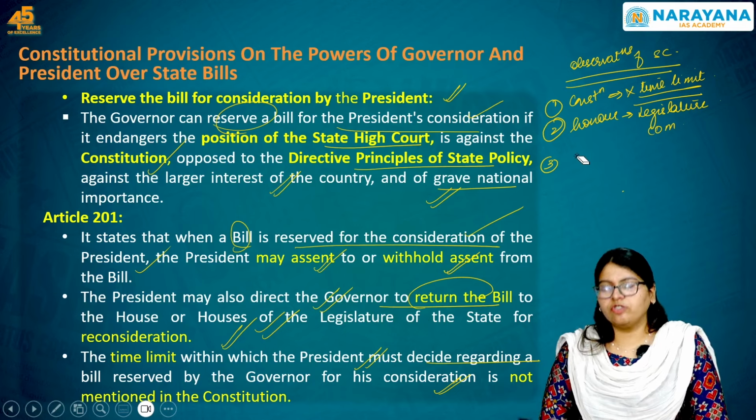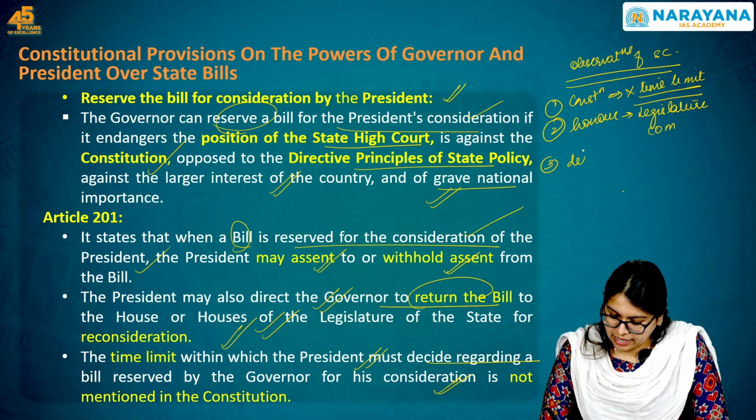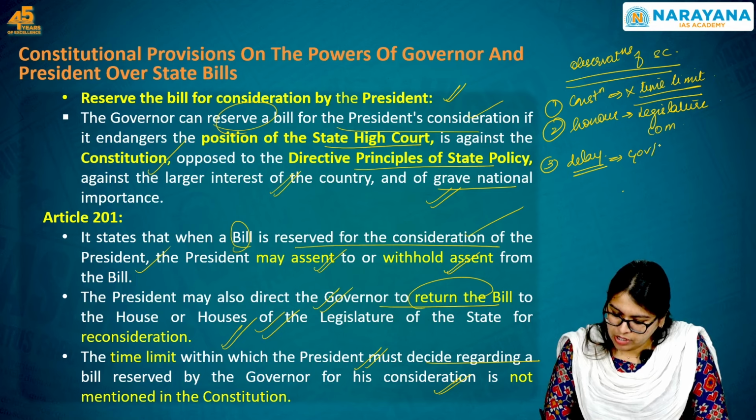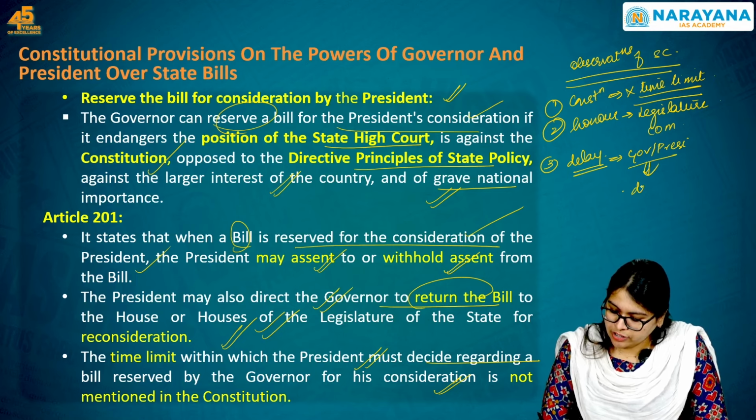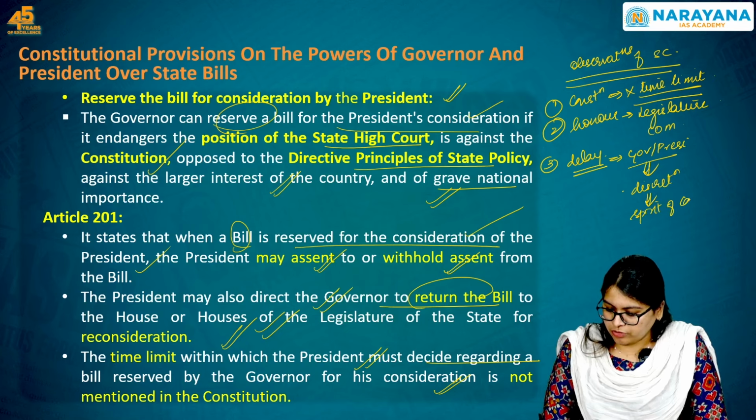And also, the Supreme Court observed that any kind of delay in giving assent to the bill, either by the governor or the president, which is in his discretion, will be against the spirit of the Constitution.